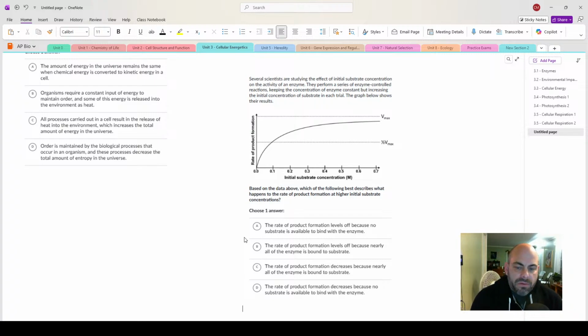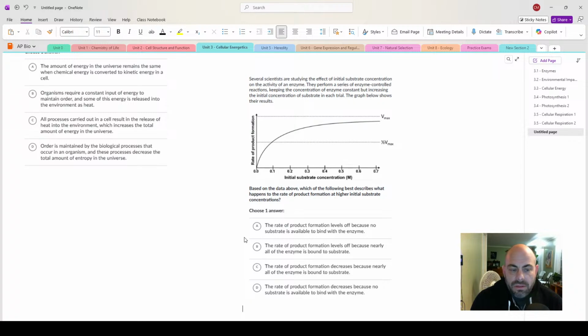Based on the data above, which of the following best describes what happens to the rate of product formation at higher initial substrate concentrations? So they keep the amount of enzyme constant, but they increase the amount of substrate, and you can see what happens. Product formation increases and then levels off as substrate amount increases. Initially, it increases quite a bit, then slows and then levels.